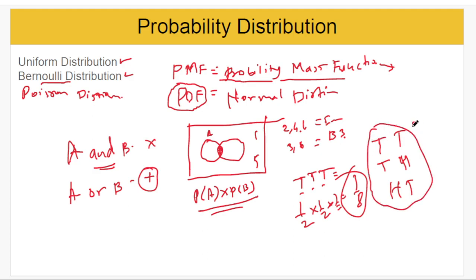In that case, it is going to be the addition of these probabilities, which is a total of 3 by 4, equal to 0.75. You just remember, and means multiplication, or means addition. When I'm saying A or B, we add, and A and B also, so if both are coming, that will come into the or part.